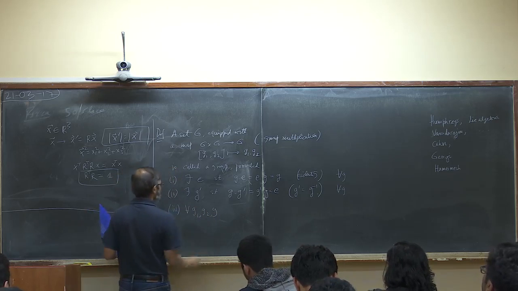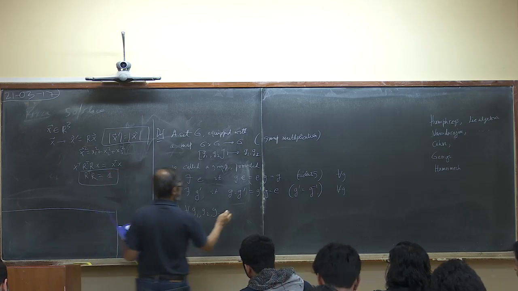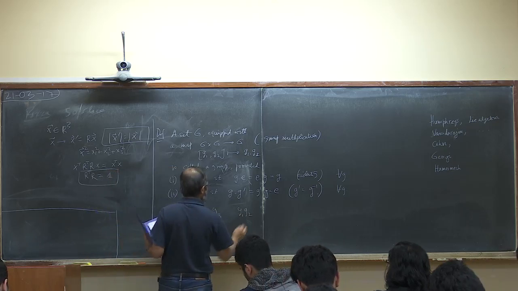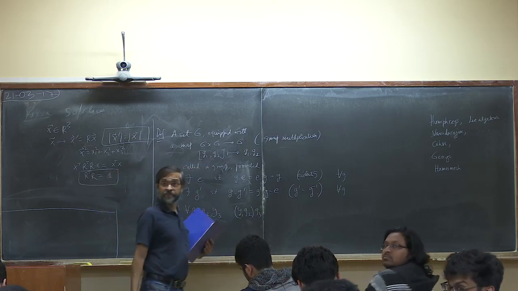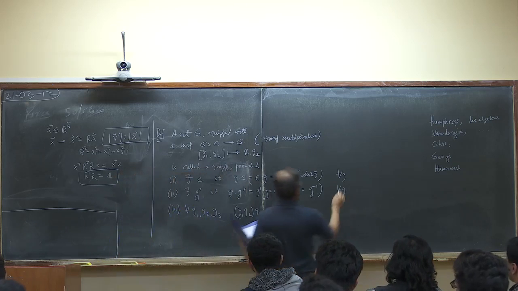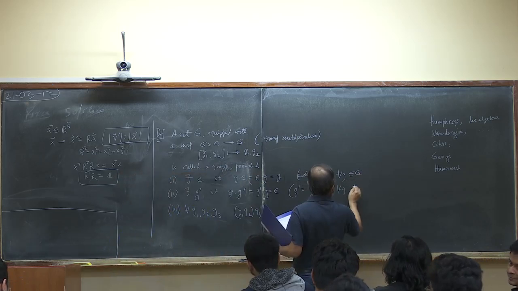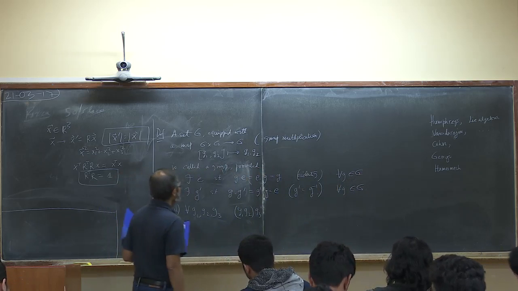And this is for all. These are just some abbreviations. So, by for all G you mean for all G in capital G? Yes, yes. Thank you. For all G in capital G, such things should happen.